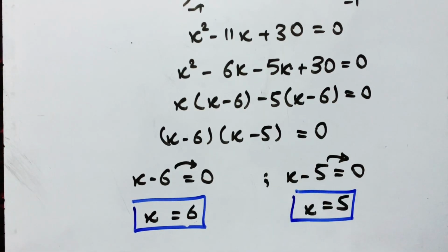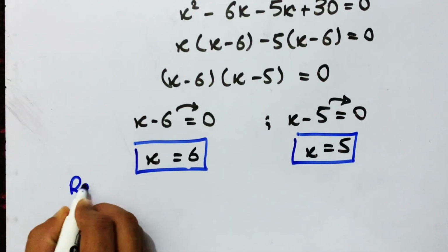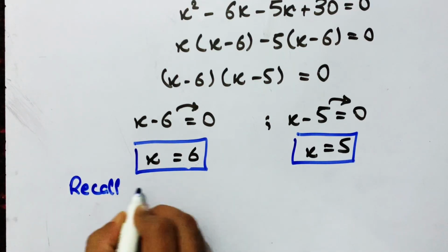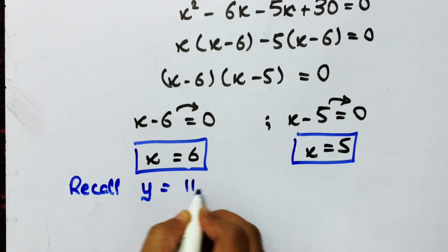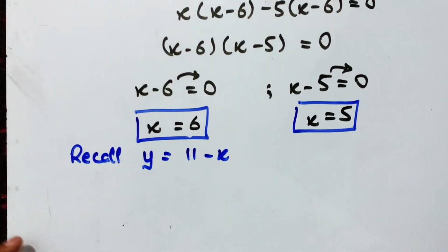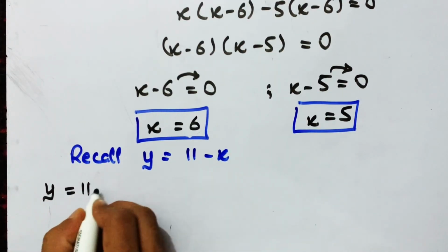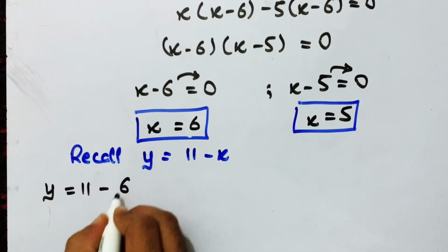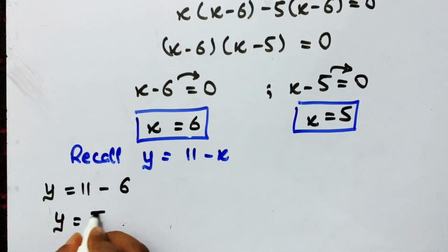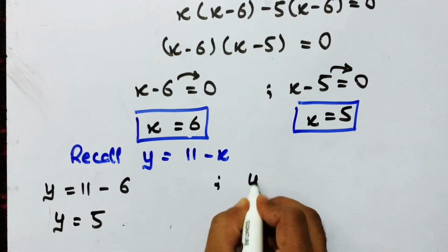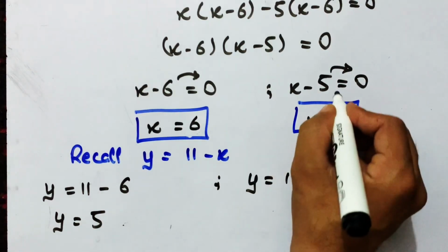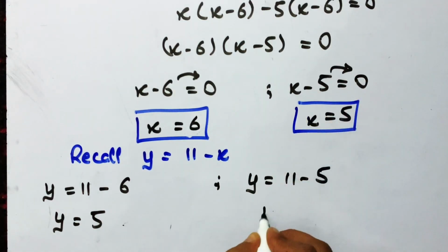We have two answers. I recall the let equation, y is equal to 11 minus x, to find the value of y. So when x is 6, y is equal to 11 minus 6, which is 5, and when x is 5, y is equal to 11 minus 5, which is 6.